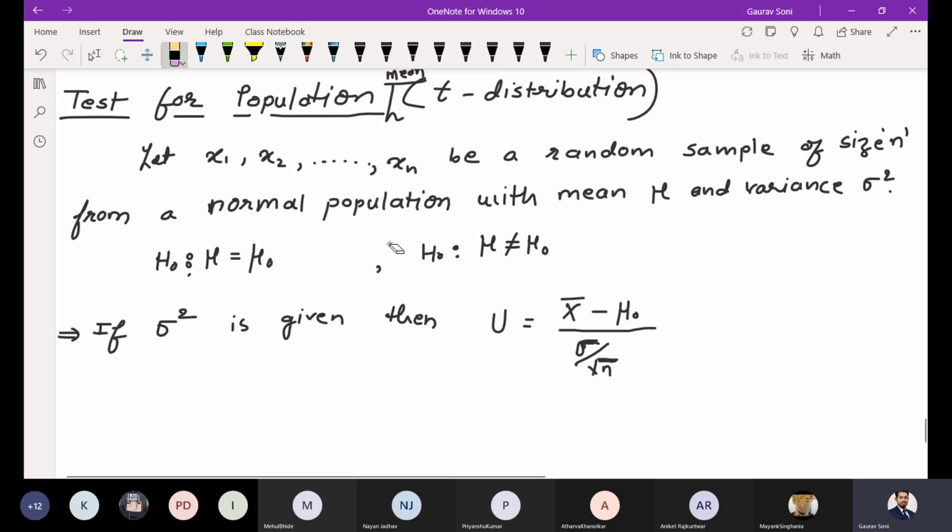Sorry, this has to be t naught, this: x bar minus mu divided by sigma on root n.